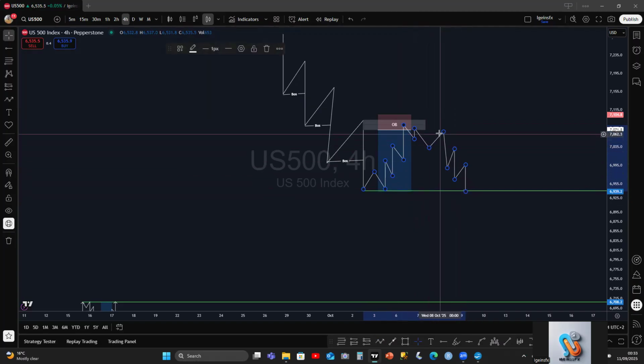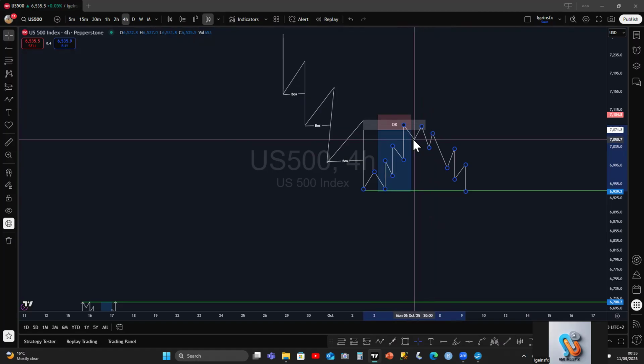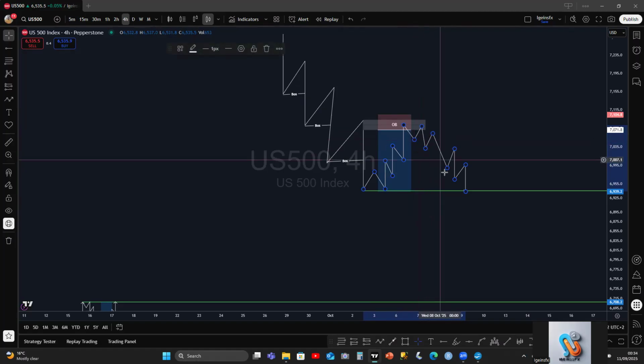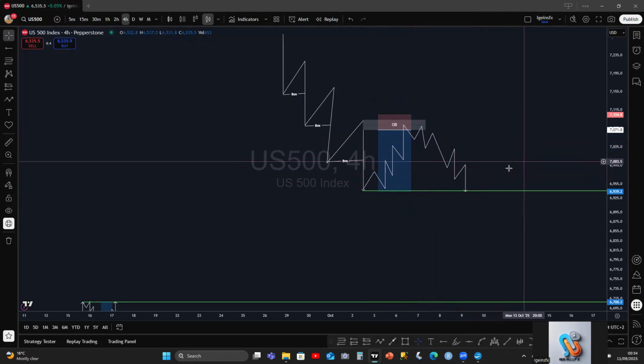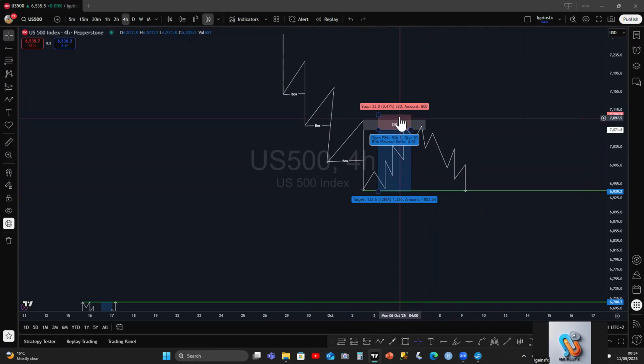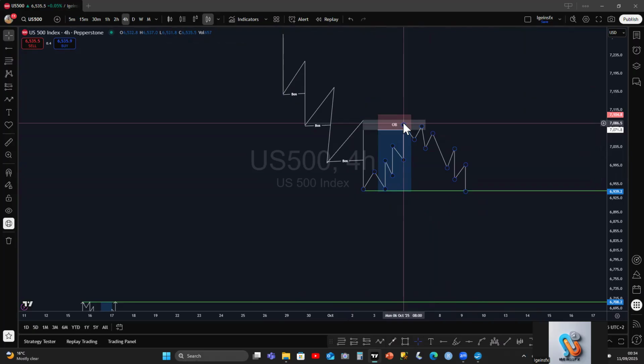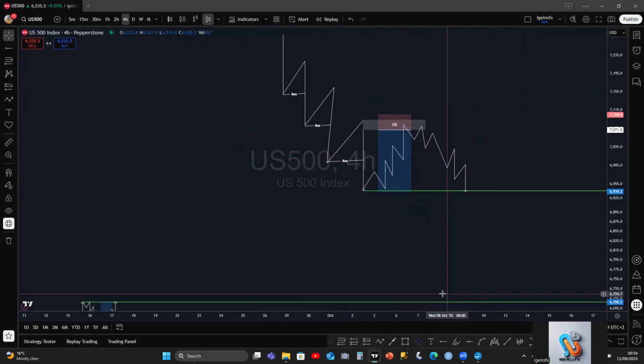So you can now see, guys, this is how it is. Price breaking structure to the downside, now it will change character. Push to the upside, tap us in, then it will start to change character and start coming down.